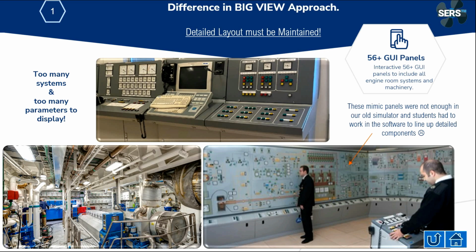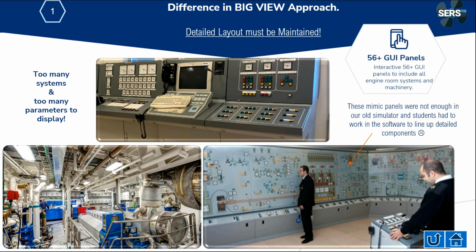Students liked it at the beginning, and it looked awesome to demonstrate to others visiting the laboratory. But eventually, the students could not find some of the valves and parameters here. They found them in the software, so they had to move to the software.